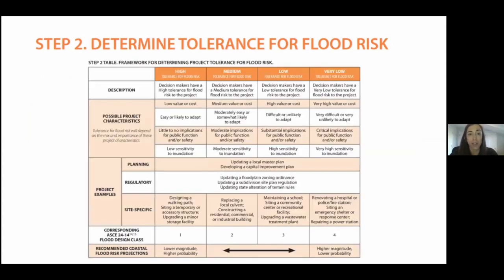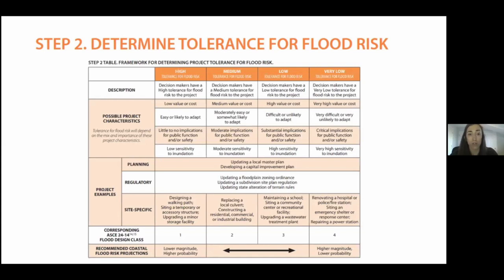In step 2 of the guidance, you'll also find the step 2 table, which divides tolerance for flood risk into 4 categories to choose from: high, medium, low, and very low. It presents a much more detailed framework to help decision makers decide what their project tolerance for flood risk might be. You'll note that for planning and regulatory projects, and in some cases for site-specific projects, you might want to select more than one tolerance for flood risk for different parts or components of your project.